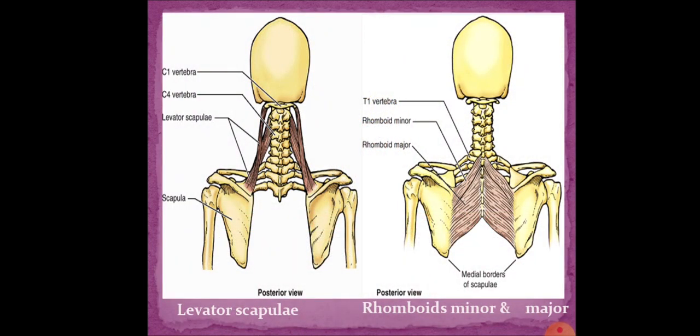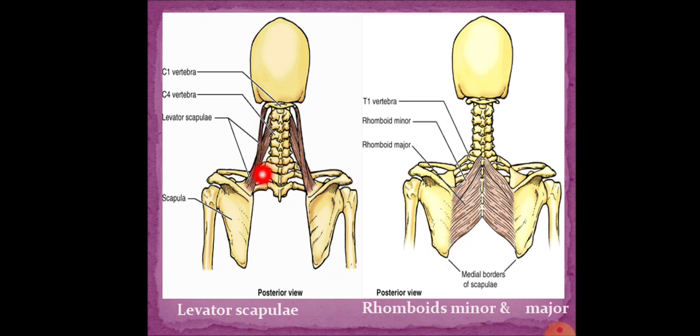Levator scapulae, rhomboid minor, rhomboid major originate from the vertebrae, cervical and thoracic, and inserted into medial border of the scapula.